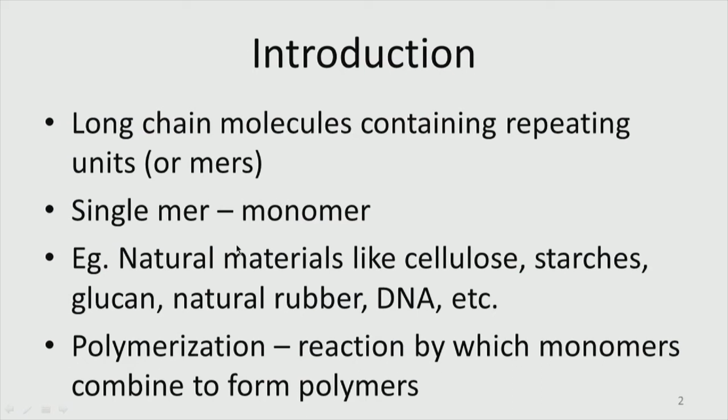Many of these natural polymers are also used in biomaterial applications because they are biocompatible, they do not exhibit any toxicity, and in addition, hundreds of synthetic polymers have come into use.